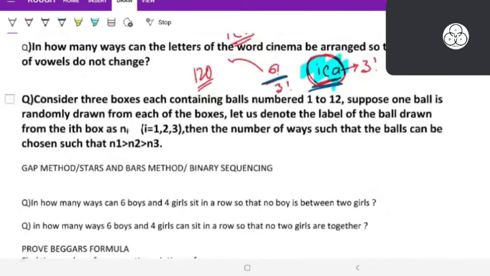Now this is correct. So we are having what is given in the question, that we are having three boxes in which 12 different balls are there labeled 1 to 12.